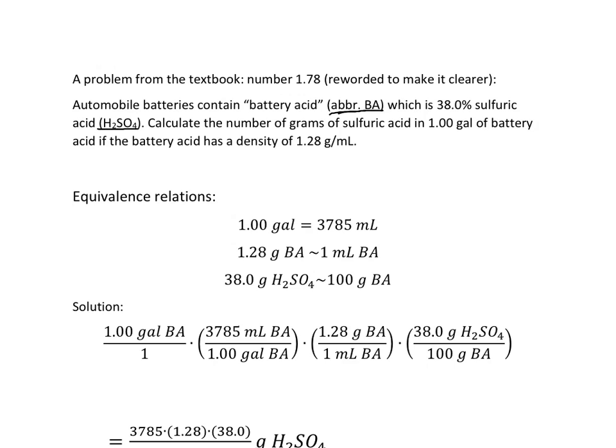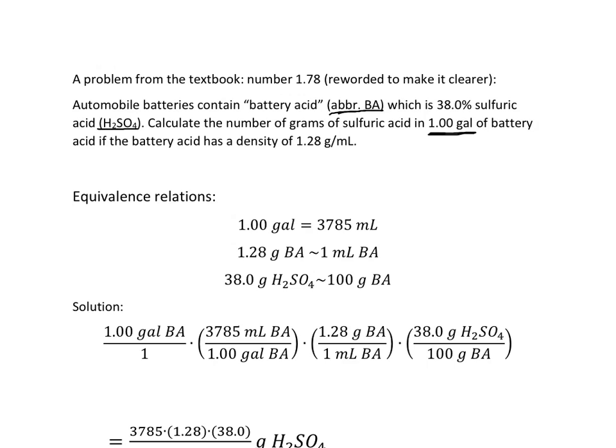So, what kinds of things are we going to need? The first thing I do is write down the equivalence relations I need. I see that I have a volume. That's the amount of battery acid I start with, 1 gallon. But the density is in grams per milliliter, where volume is expressed in milliliters.